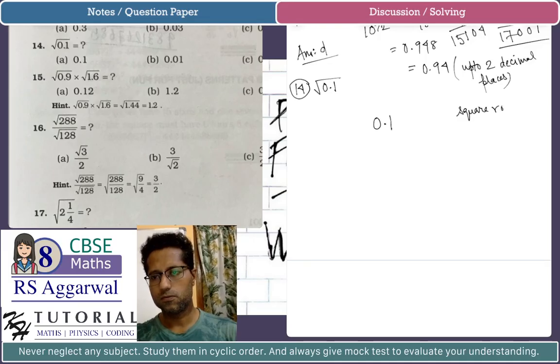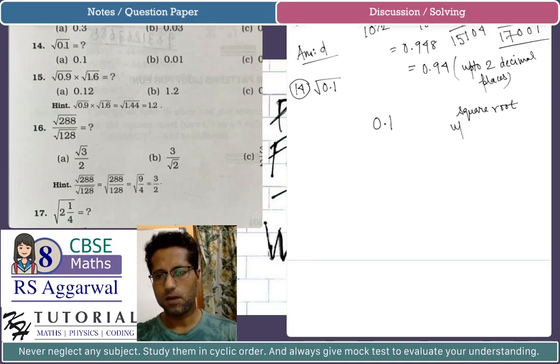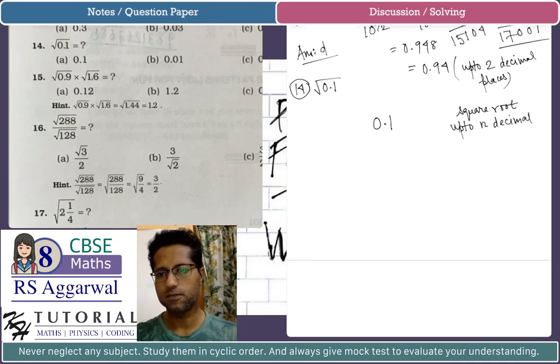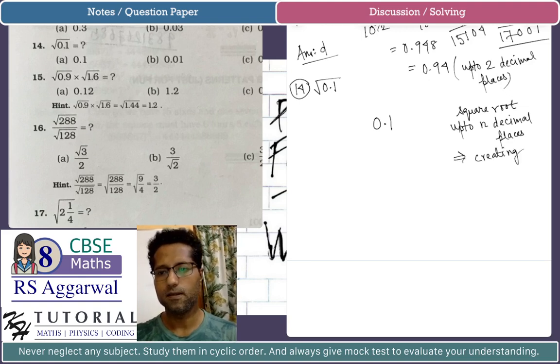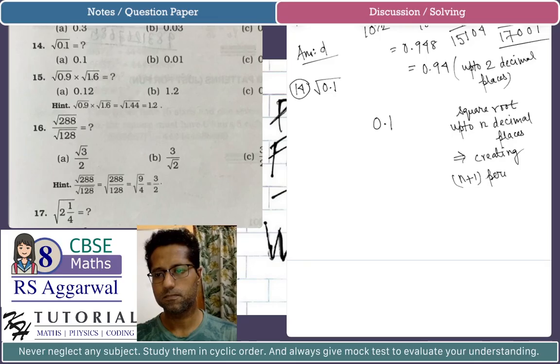Square root up to n decimal places, where n could be 2 or 3, or it could be 4 (usually 2 or 3), will imply creating n plus 1 periods after the decimal point.